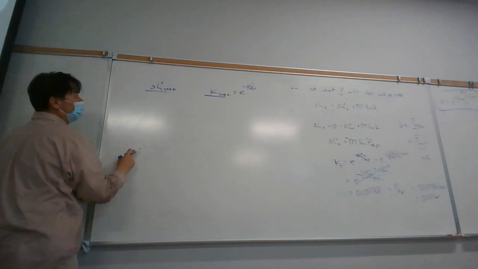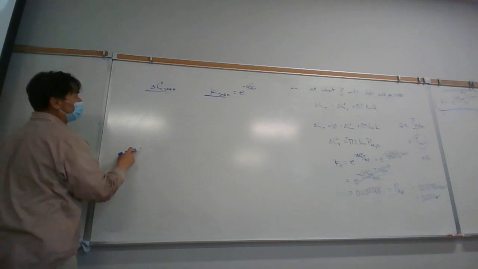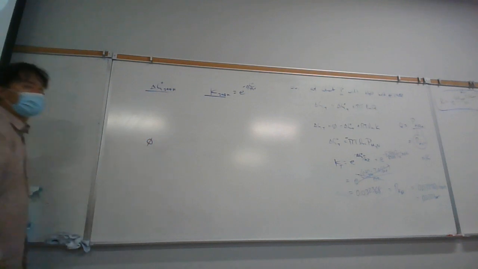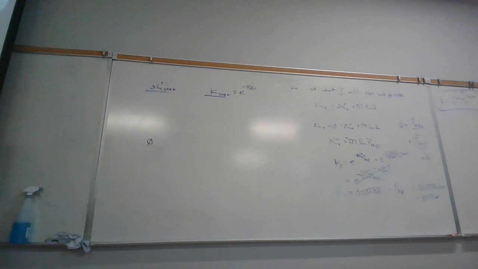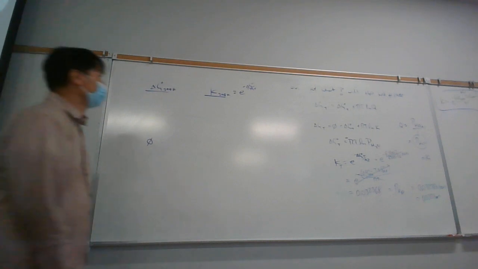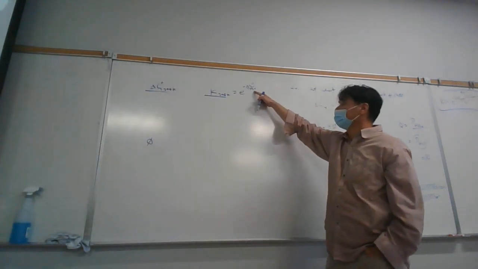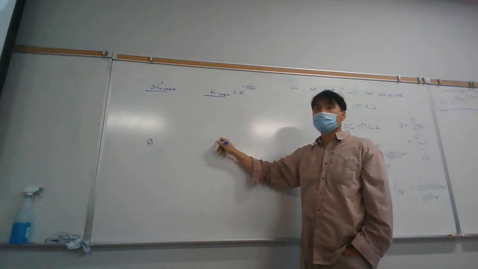So the first one we'll do is this. If delta G is equal to 0, what is K equal to? Well, if delta G is equal to 0, then we'll just have e to the 0th, which means K is equal to 1.